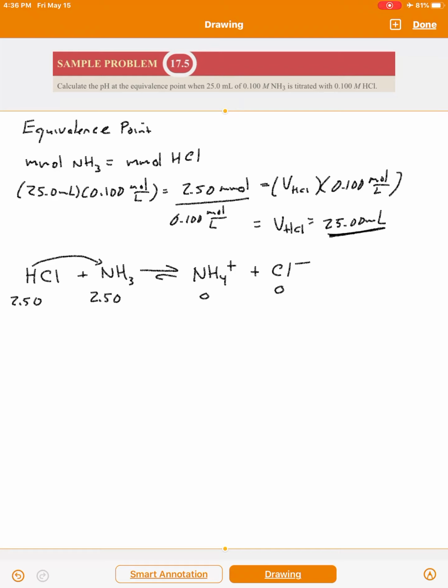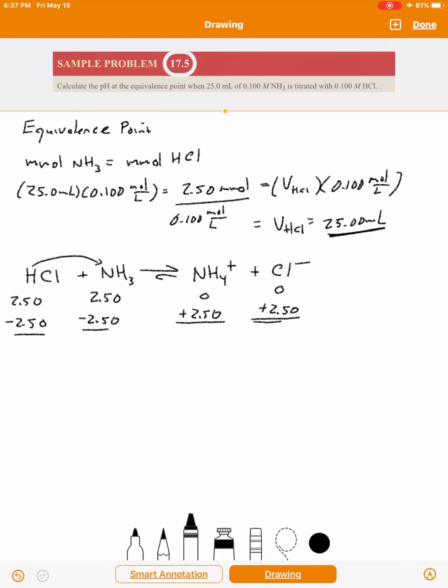These start as 0. We subtract 2.50 from both of the reactants and add 2.50 for both of the products. Now, by the way, I wrote that as a double arrow. That should not be a double arrow. It should be a single arrow because HCl is a strong acid. If one or both of the reactants is strong, it's a single arrow, meaning that it goes to completion. No equilibrium to be concerned with.